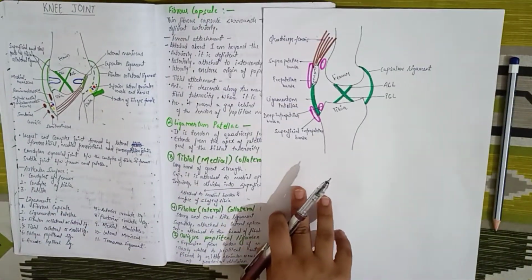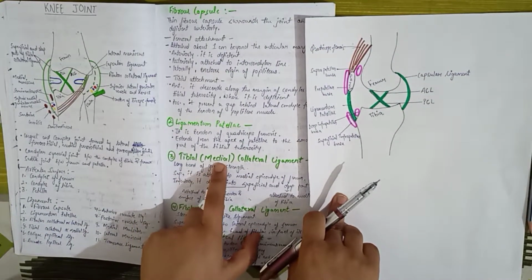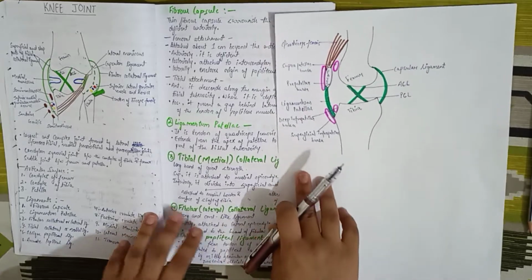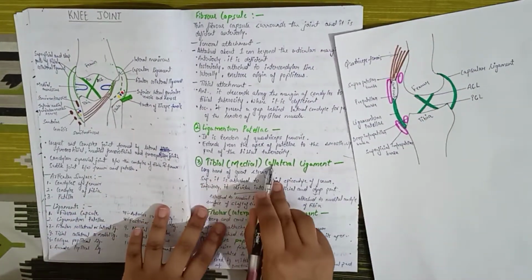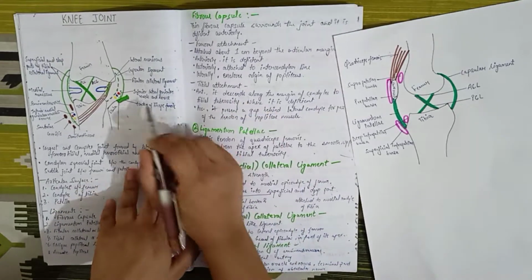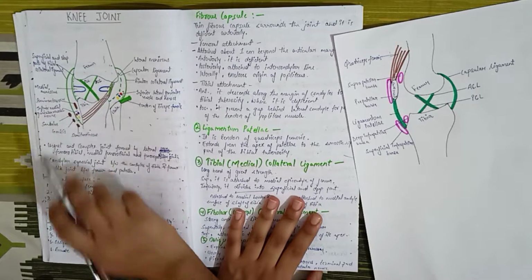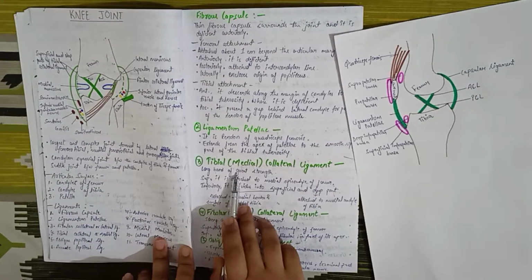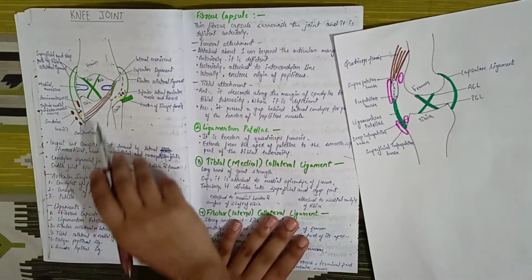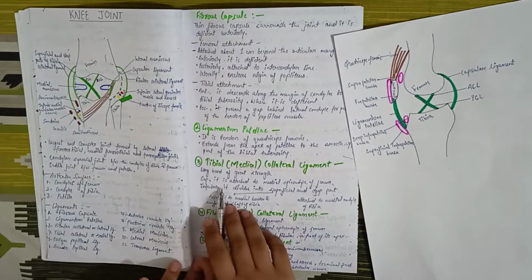Now the third ligament is the tibial collateral ligament, also known as the medial collateral ligament. As the name suggests, this is the tibial collateral ligament. It is a long band of great strength. It joins the femur to the tibia.